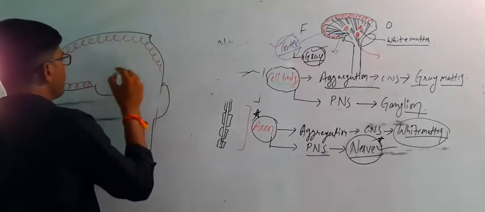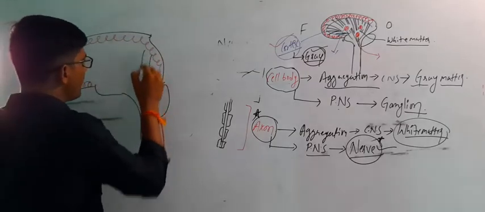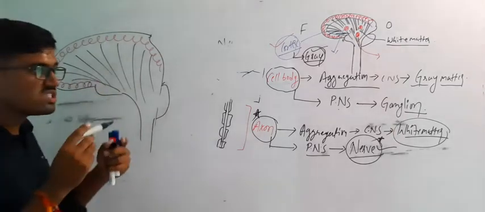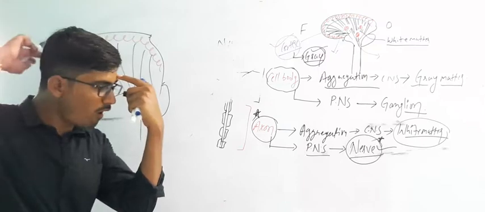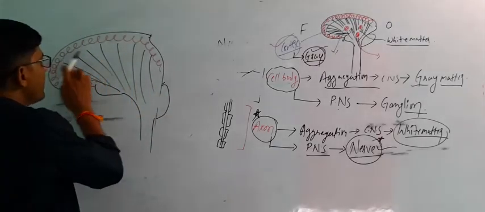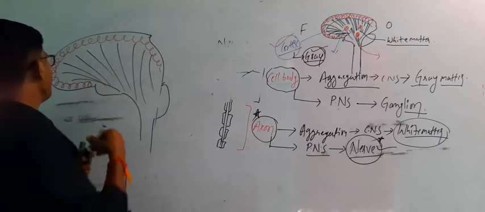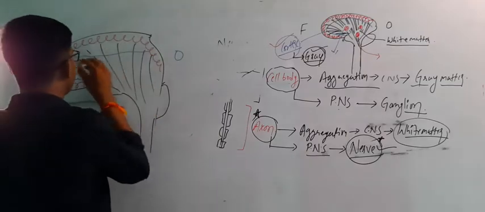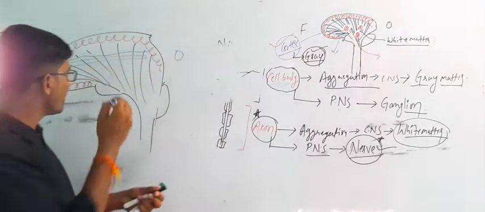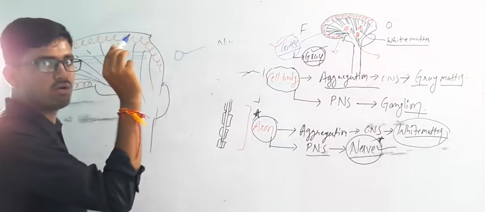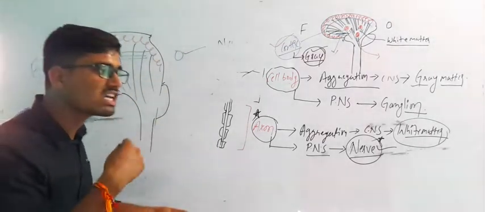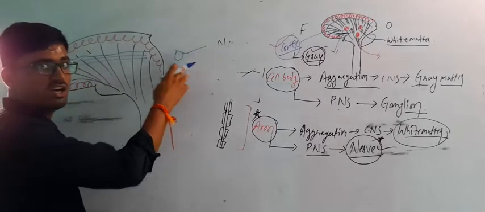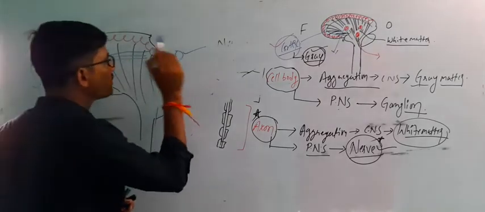Some fibers connect the frontal lobe to the occipital lobe, so frontal lobe is associated with occipital lobe. Thanks God there is no special name: that is the association fiber. So in the white matter, one thing present is the association fiber, which connects the frontal lobe with the occipital lobe.